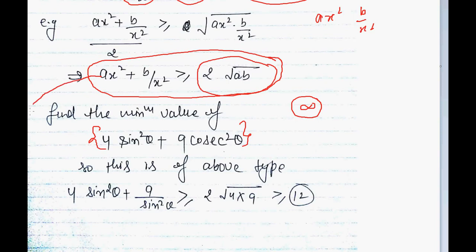Can these two forms be equal? Yes. So its minimum value is 2 root ab. a is 4 and b is 9. So this is greater than or equal to 12, which means the minimum value is 12. The same is the case with cos and secant, tangent and cotangent. Hope you understand. Let us discuss a very important question based on this.